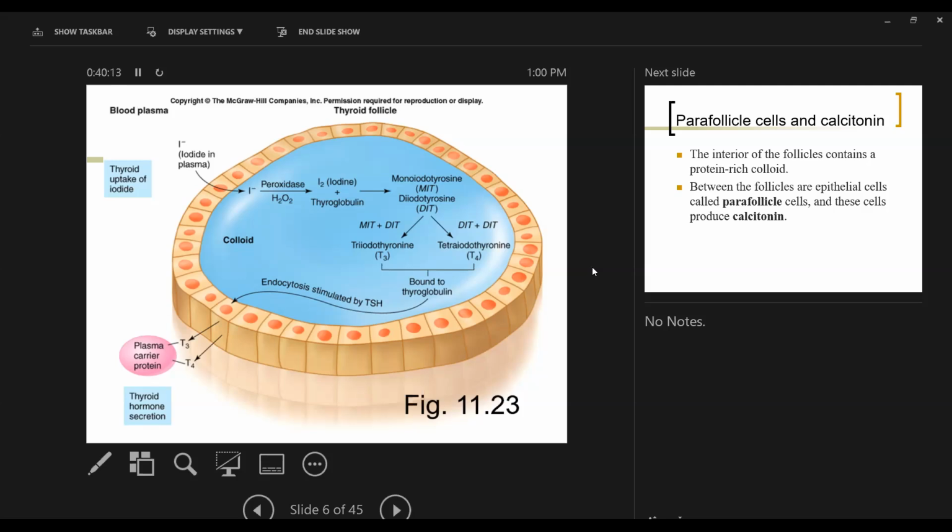The iodide is then pumped into the colloid through an ion transporter called pendrin.